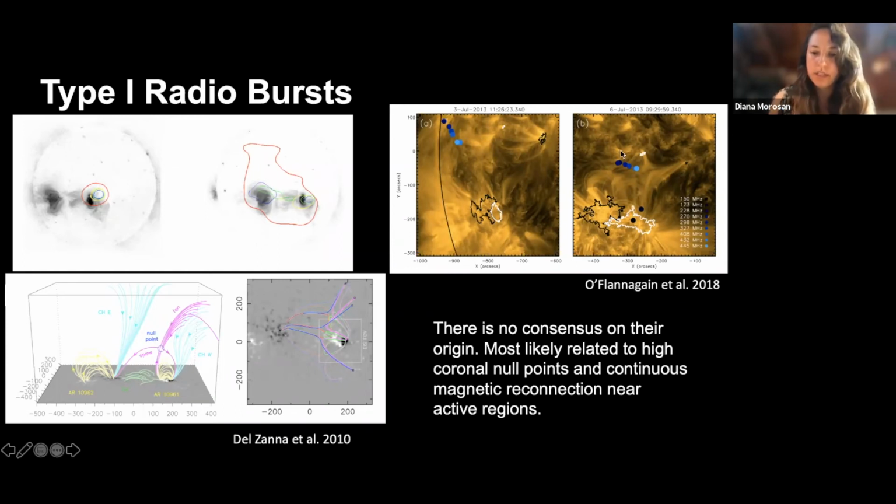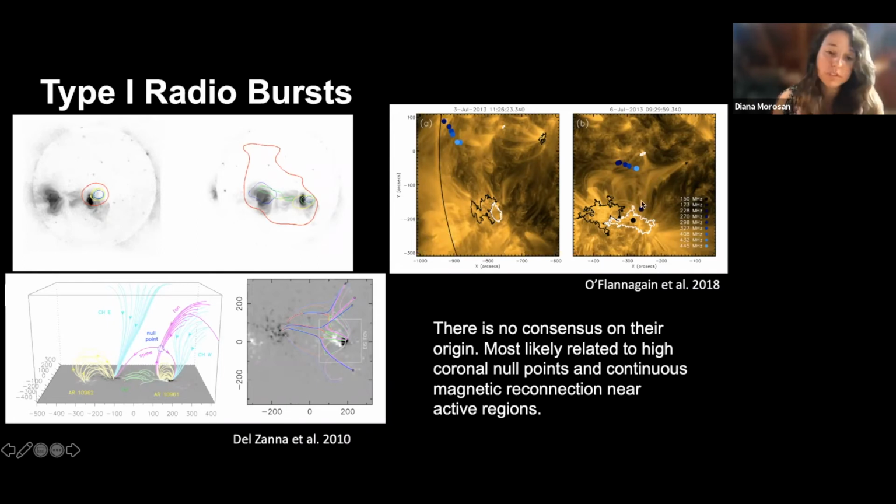And another study here, these little dots are the center of emission of the type 1 source, also from high to low frequencies, and they're quite a bit higher up compared to the region down here. But if we track it over time, it was found that there are loops oriented in such a way that they also form quite significant coronal null points. You can see some loops go in there and some loops go in there.